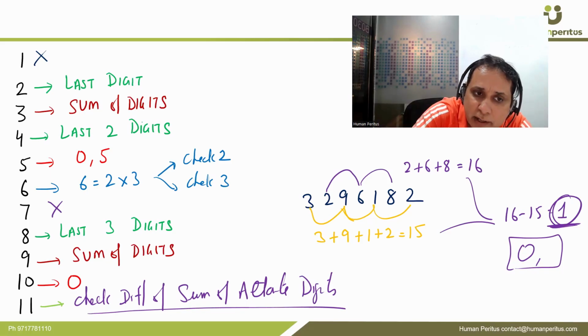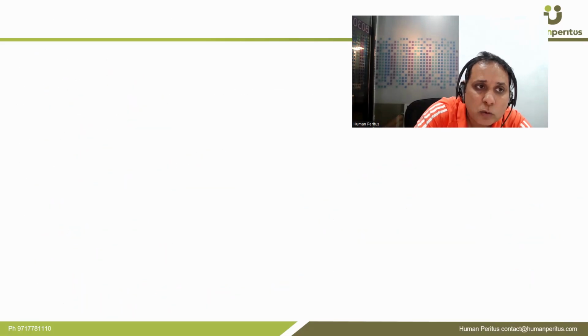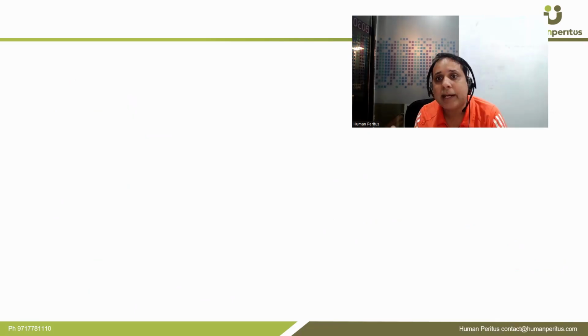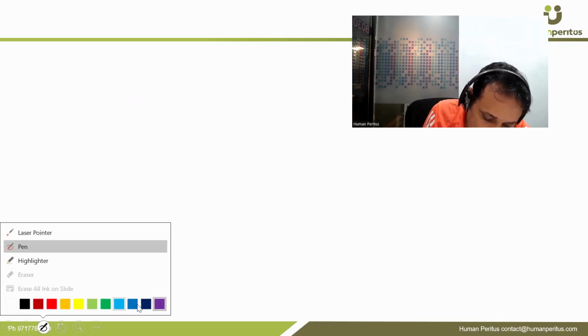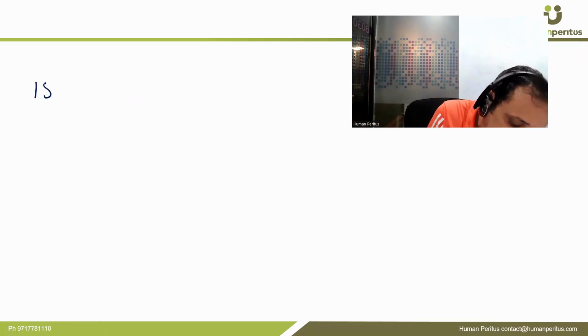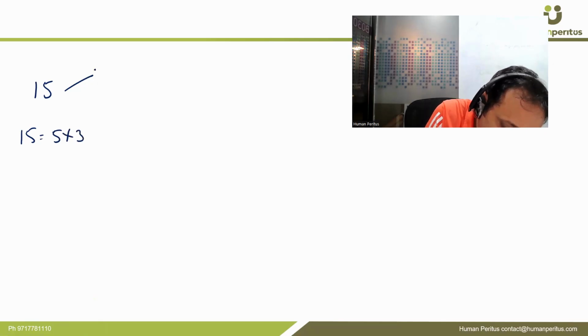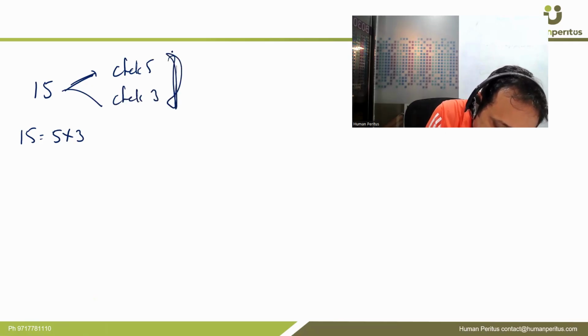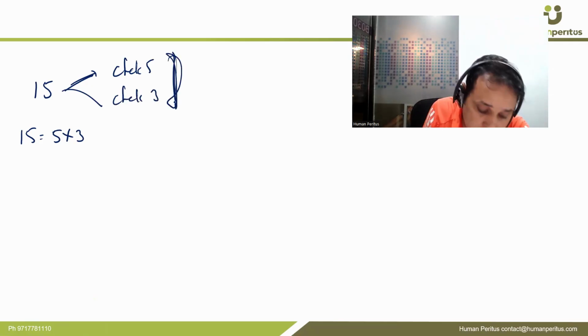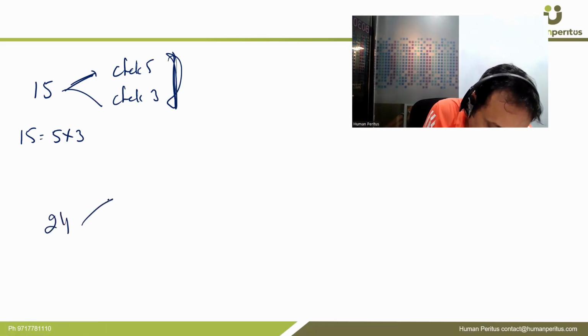Whenever we have a higher number, we can break it. So if I have to find out divisibility of 15, because 15 is nothing but 5 into 3, I will check for 5, I will check for 3, and I will see whether both are satisfied or not. Similarly, if the number is 24, I can check for 8 and 3.